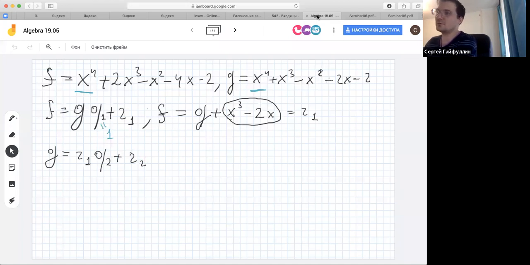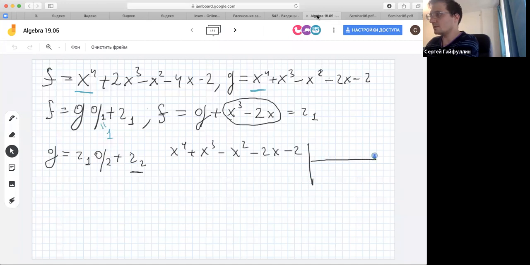So I need to compute this R2. Let us proceed with division. So I have g, and I divide it by x to the third minus 2x.